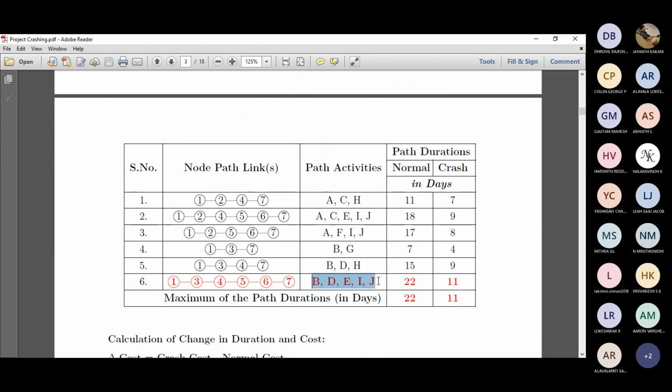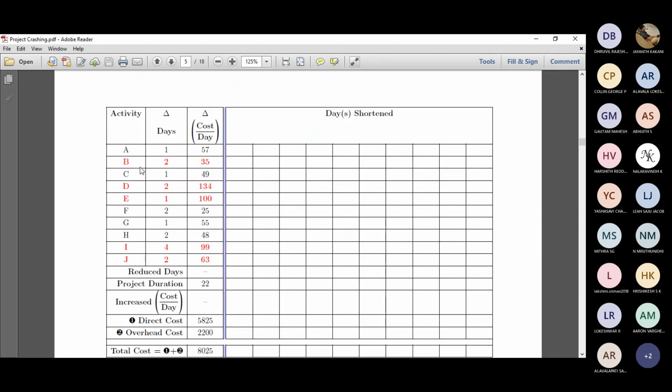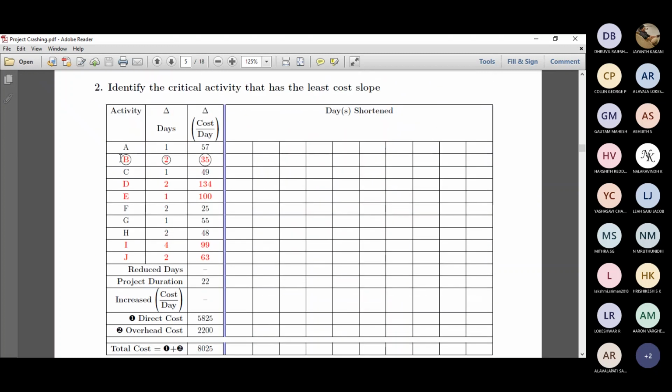First step, we'll find out the critical activity. Then we will mark them in this table. So in this table, as I told you, you can differentiate that with some demarcations or some symbols which you like. So absolutely, that's up to you.